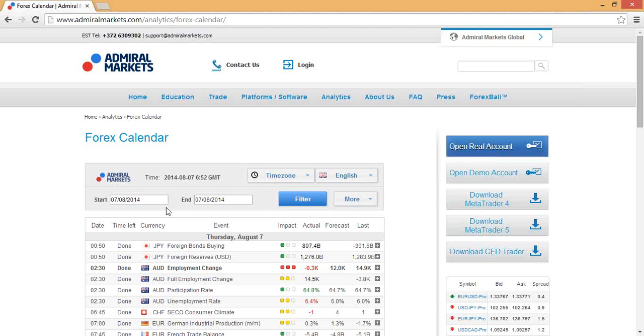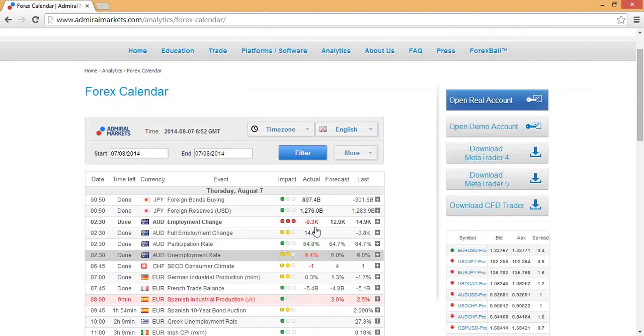When we look at the calendar, we found out the Aussie employment change was way lower than forecasted. Certainly sent the Aussie weaker as the Aussie fell against the dollar after a sudden rise yesterday. Spike up, spike down, but the Aussie employment change fueling that downside.